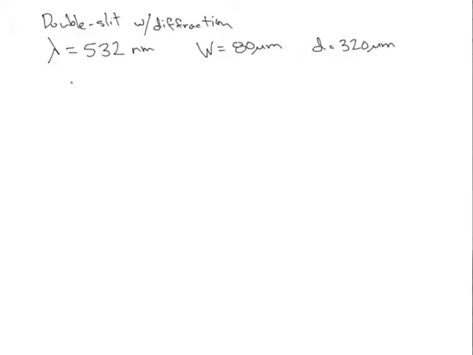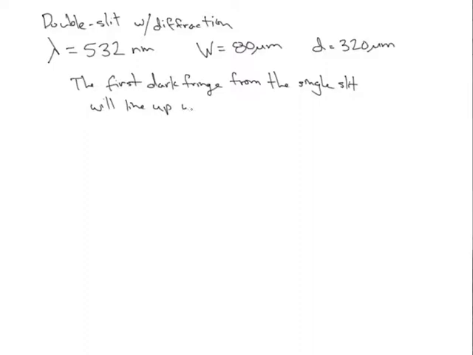So with this we're going to see the first dark fringe from the single slit, and it will line up in this case with one of the bright fringes from the double slit interference pattern.